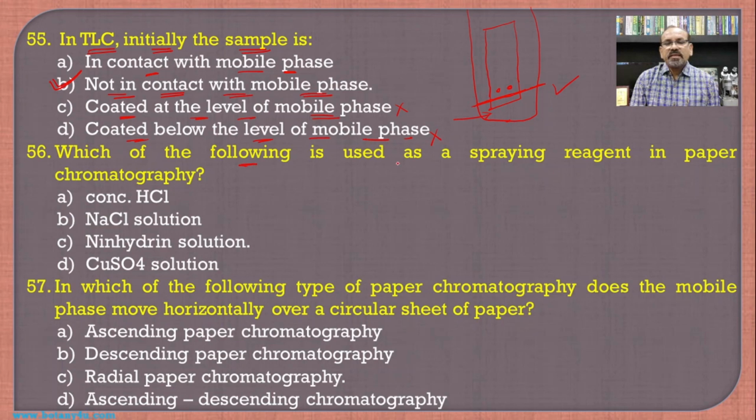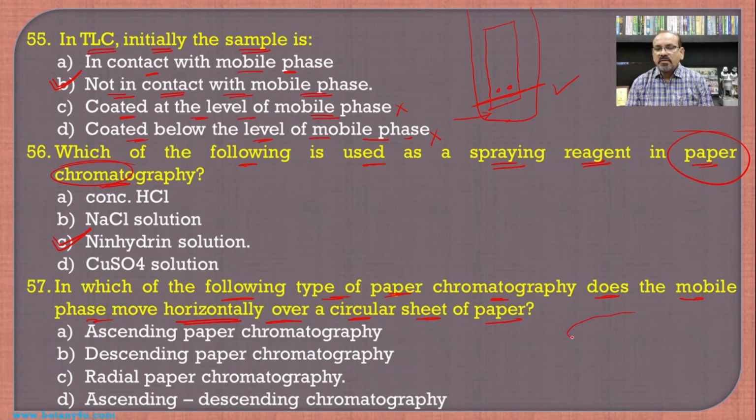Then which of the following is used as a spraying reagent in paper chromatography? In paper chromatography there is a utilization of ninhydrin solution as an indicator. Then in which type of paper chromatography does the mobile phase move horizontally over a circular sheet of paper?